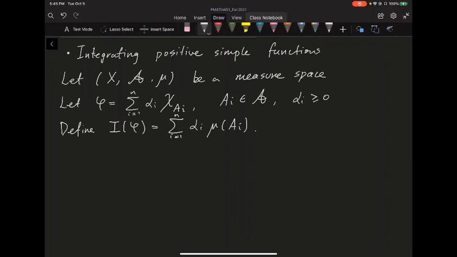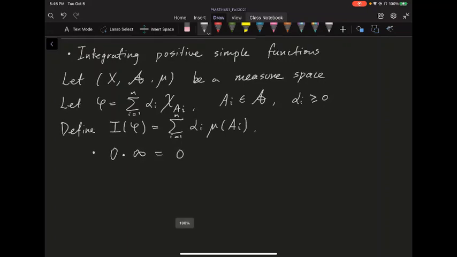So before we move into proving properties of I, I just want to mention two things. As you may notice, mu of these A_i may be infinity, but by convention, if I have a 0 multiplied by a mu which is infinity, I always assume it to be equal to 0.